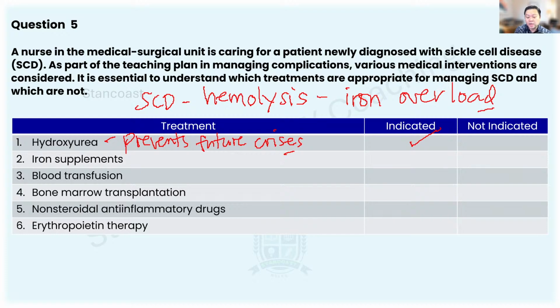So we are not going to give them iron supplement. This is not indicated. Why are they going to be overloaded as well? Because of possible frequent blood transfusions. They are going to end up having that. So not indicated. No, this is contraindicated. They don't have iron deficiency anemia, guys. So it's not indicated.